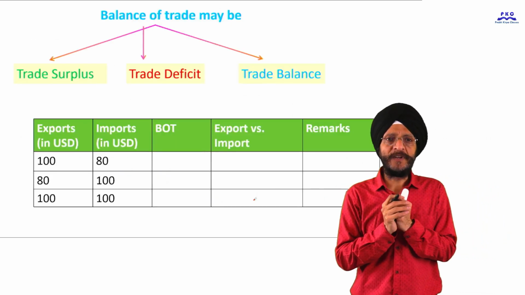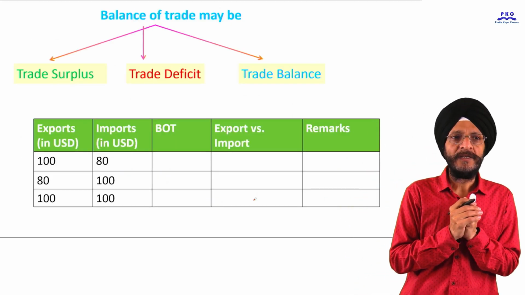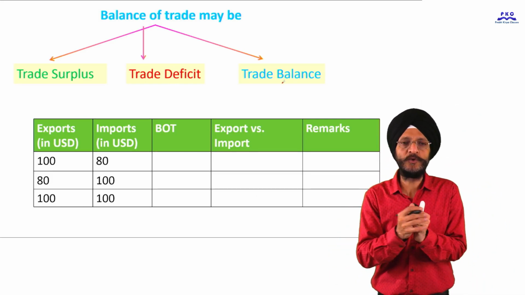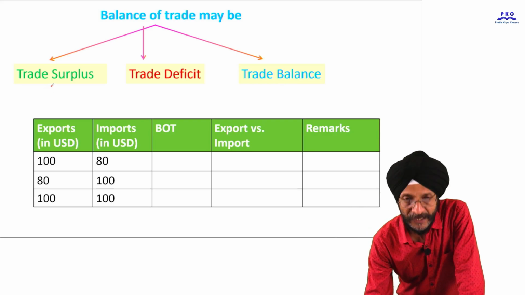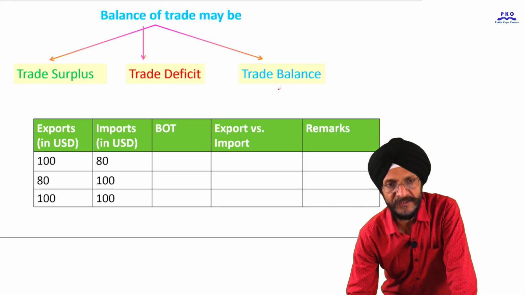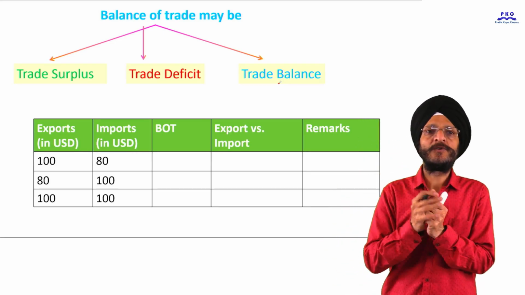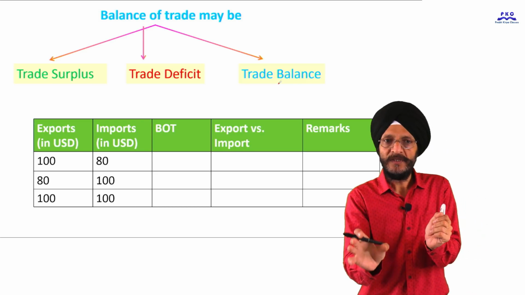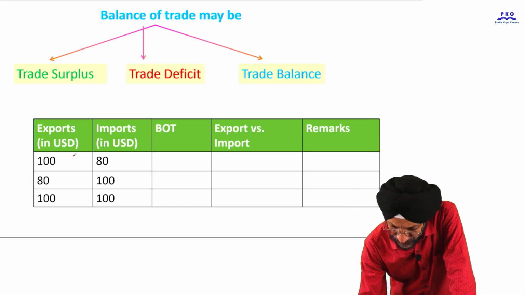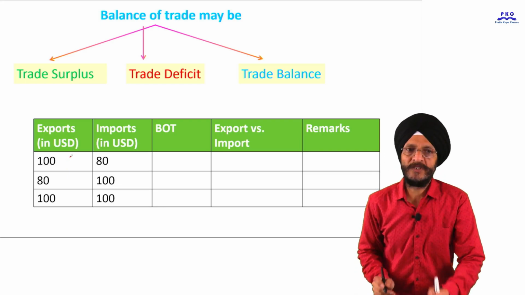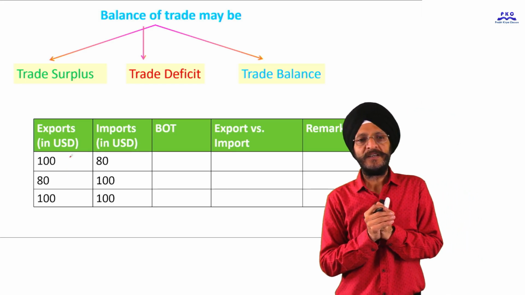Now balance of trade may be trade surplus, trade deficit or trade balance. We can also call it positive balance of trade. This is deficit balance of trade and this is zero balance of trade. We will understand this concept with the help of an example. Suppose exports are 100 US dollars and imports are 80 US dollars.